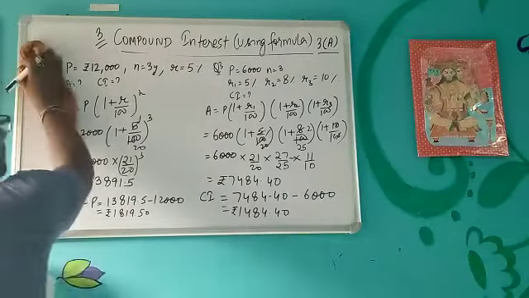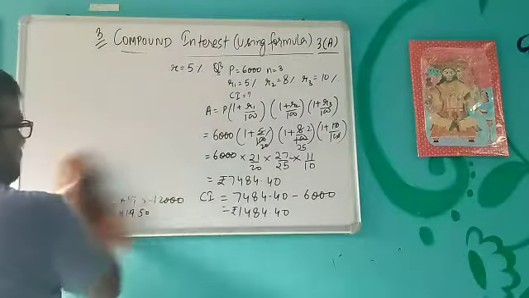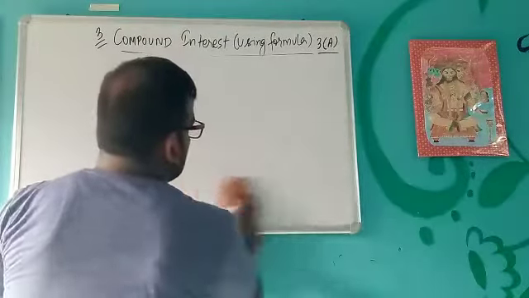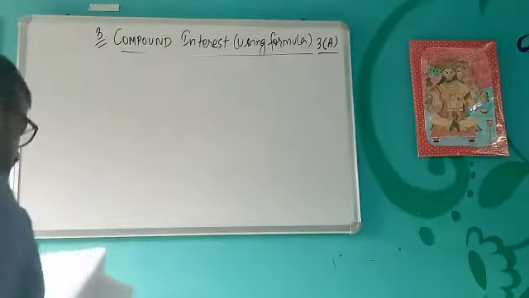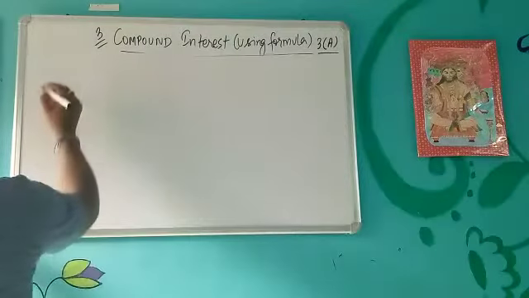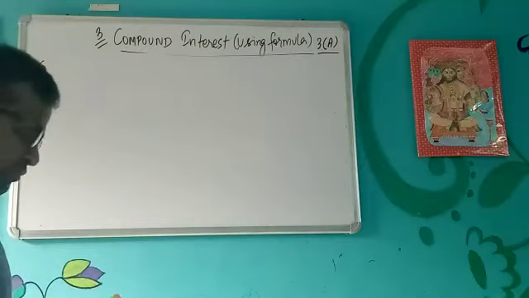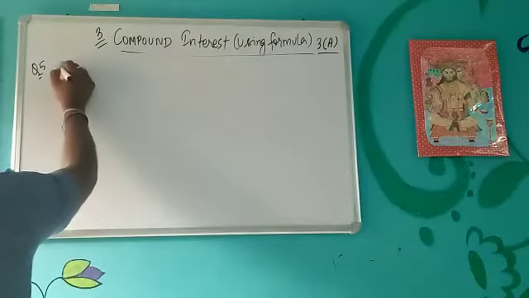Okay, then let's discuss a few other types. In question number 5, on what sum of money, so we have to calculate the principal.